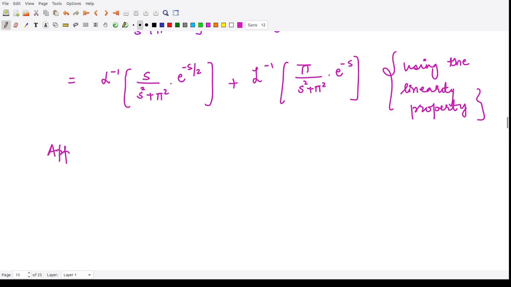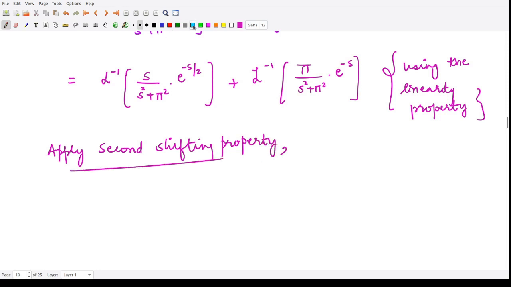So we can apply the second shifting property. Why? Because if you notice, we have this term e to the power something multiplied to some function of s, and here also e to the power something into some other function of s. So that means we can apply the second shifting property here.